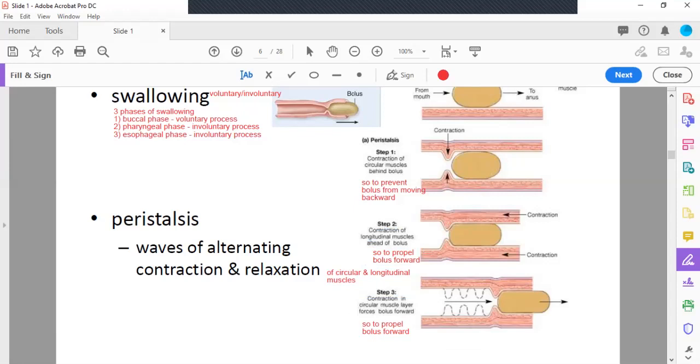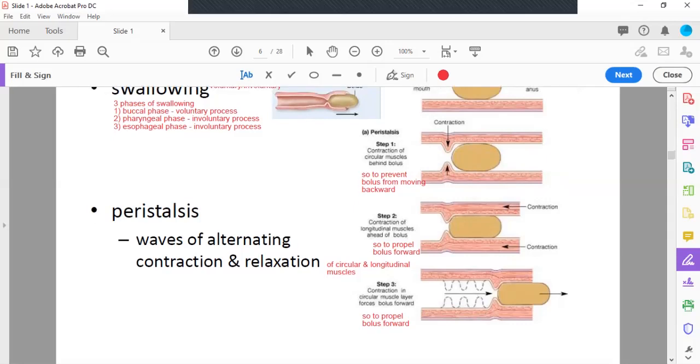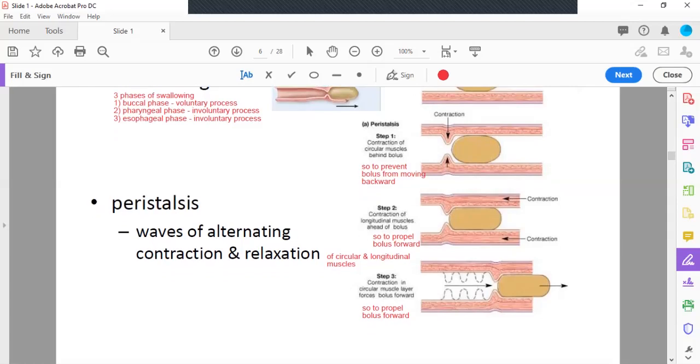The purpose of this is that you push the bolus forward. Very good. Let's move on to the next one.